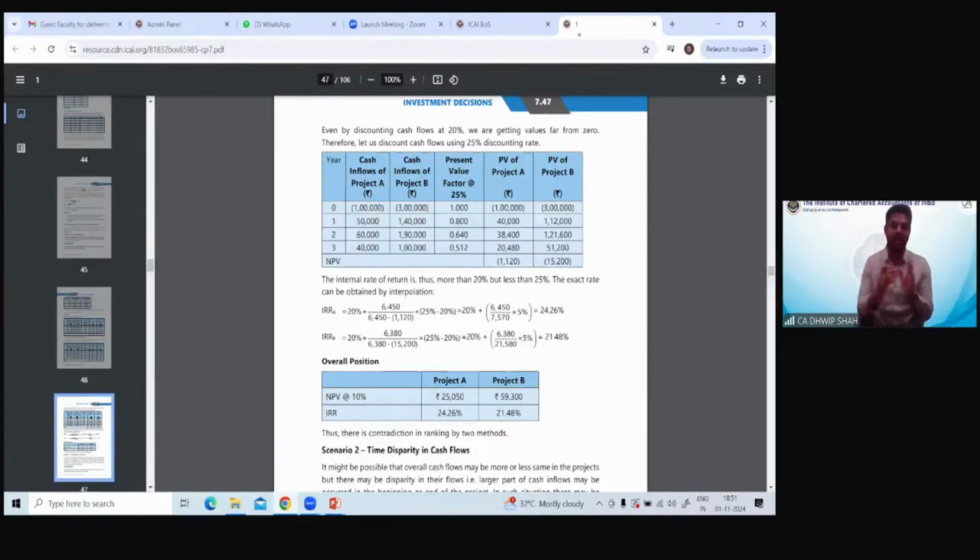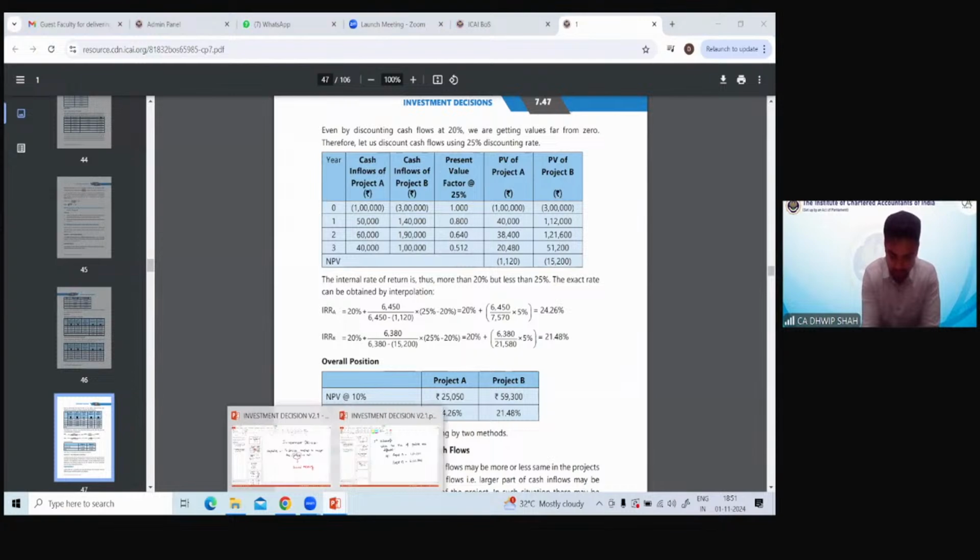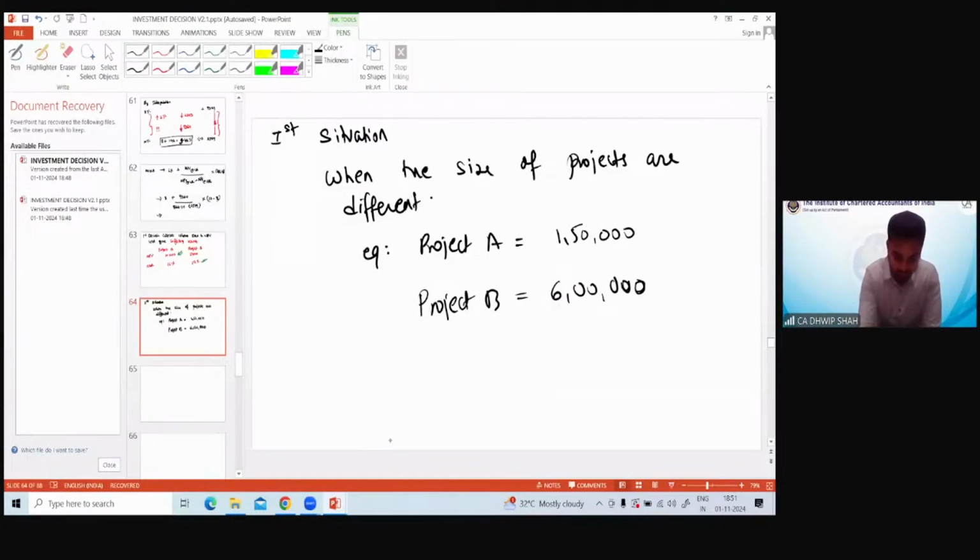IRR represents the maximum earning capacity of the project; it can be anything. We are more concerned with my desired rate, my expectation. But right now we are just discussing the situations, not making any decision. Any queries in the first scenario?